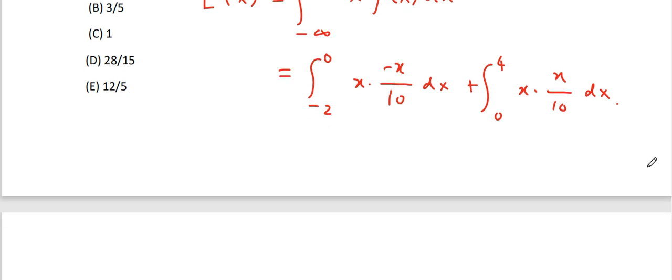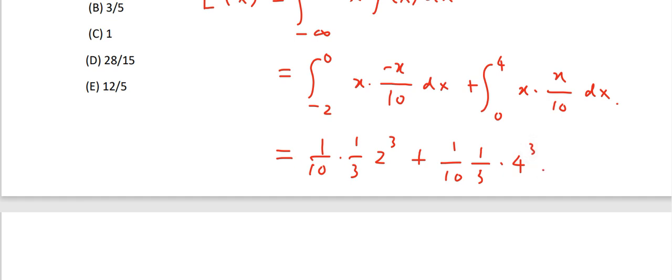We can take the constant outside, so each one we can calculate easily. So that's equal to 1/10 times, here x squared is 1/3 x cubed. So this minus this is 1/3 times 8, which is 8/3. Negative 8/3 becomes 8/3. So here plus 1/10 times 1/3 of 64, so this is 4/3, right?